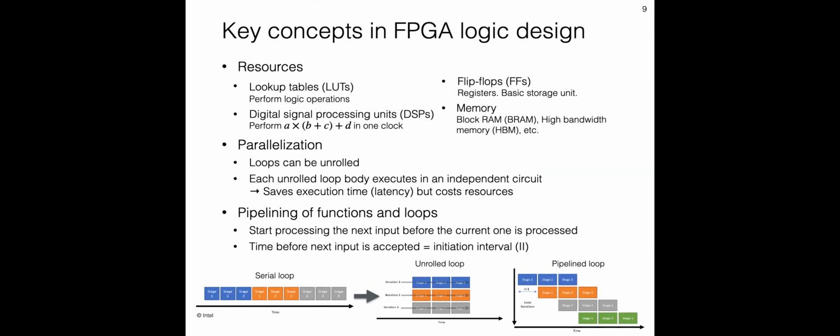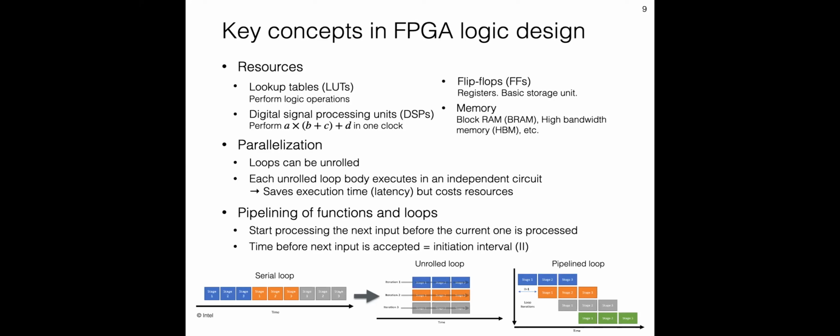Then there are the digital signal processing units, the DSPs, which are essentially used for multiplications. And then there are flip-flops and memories. Both are storage, but different technologies. There are only finite numbers of those components, so we need to understand how much of each is used for the design logic. That's something you need to pay attention to.